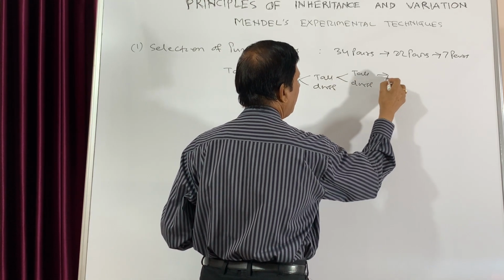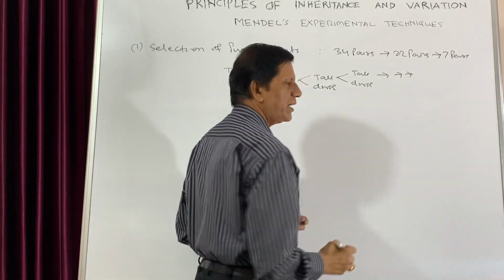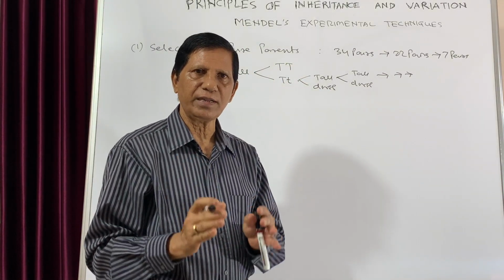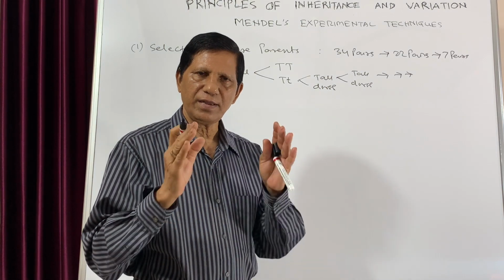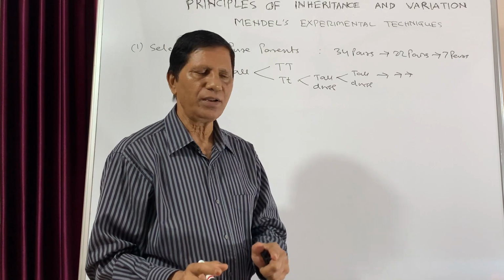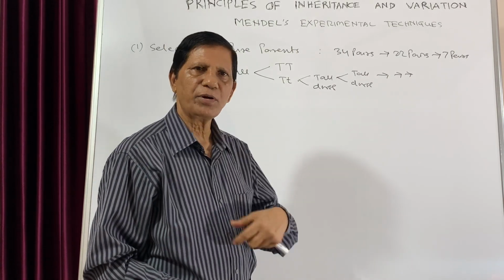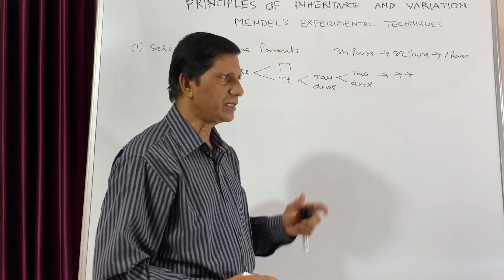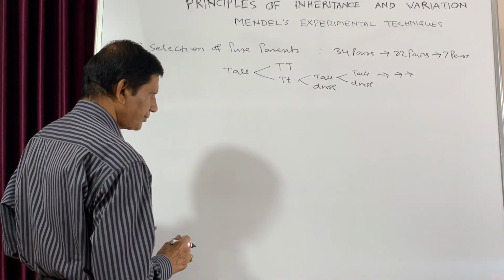Finally, after several generations, it will give rise to only tall plants, and only then is it confirmed that the plants are pure line, true breeding, in the homozygous state. Then only can we take that plant for our experiment. So that was done by Mendel. He selected the pure lines.